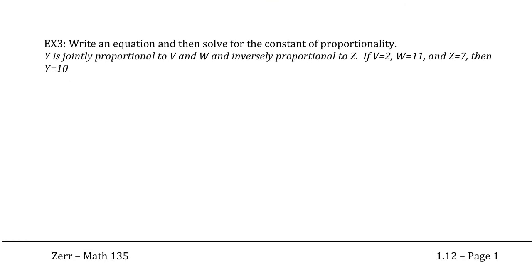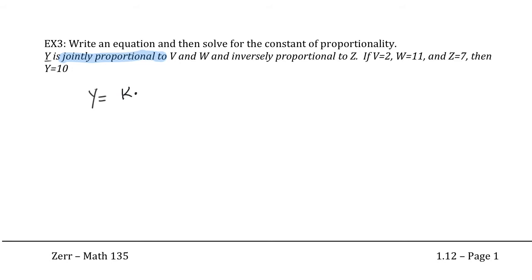Write an equation and then solve for the constant of proportionality. Okay, y is, there it is, so y is, there's my first part. Now it's saying jointly proportional, so I know I need to have my K. And then because of joint, it's going to be a multiplication problem.